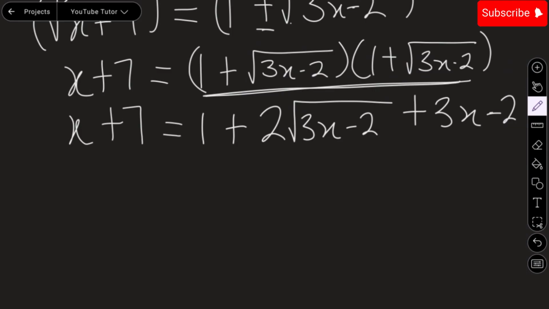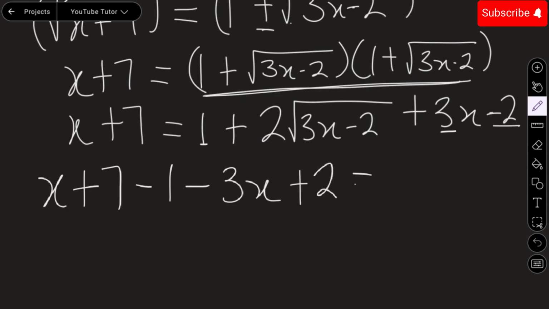Okay, moving on, we can group like terms. We bring 1, it becomes negative 1. 3x becomes negative 3x. Negative 2 becomes positive 2. So now we are just left with this on the right hand side.